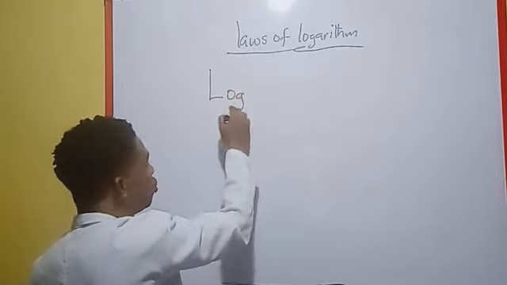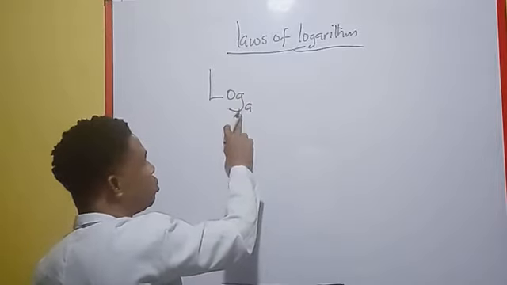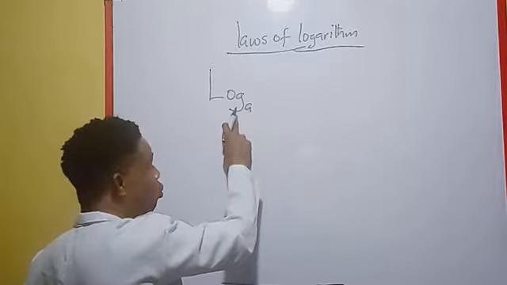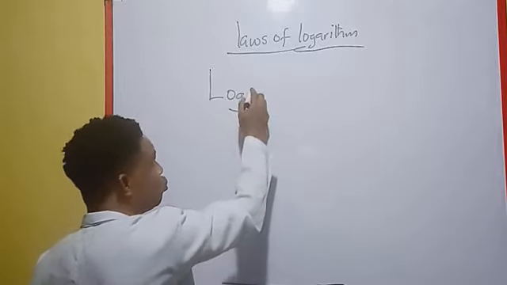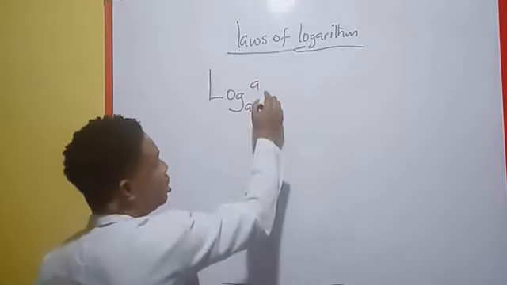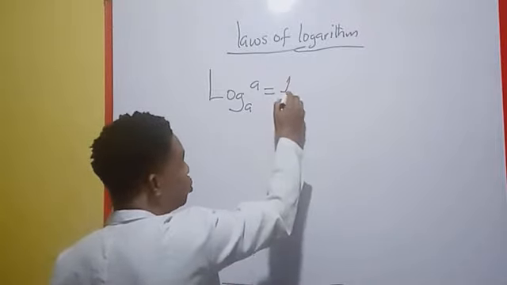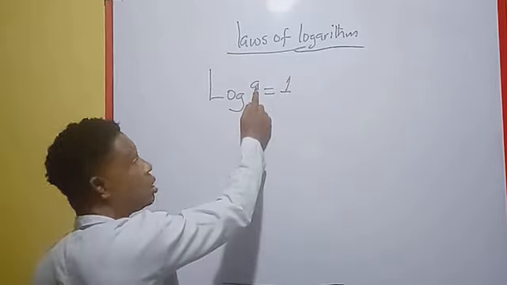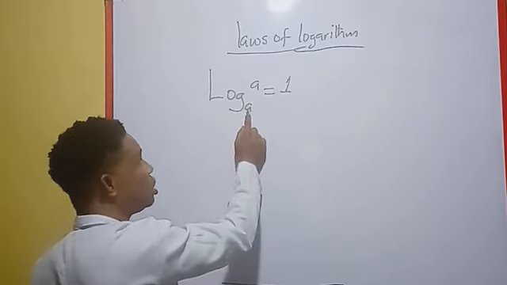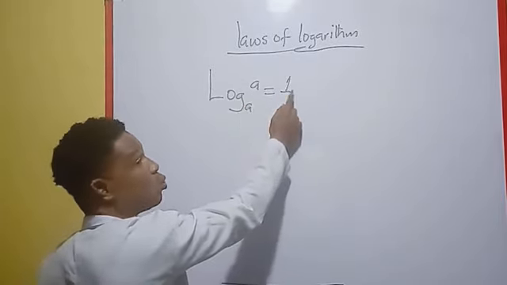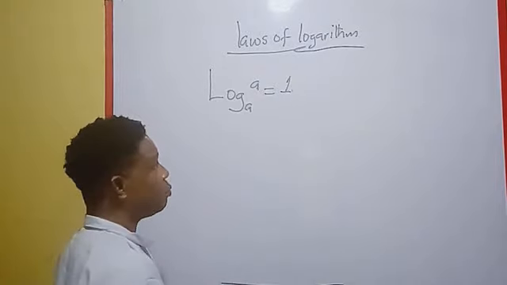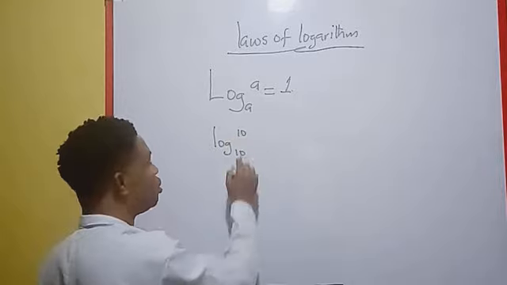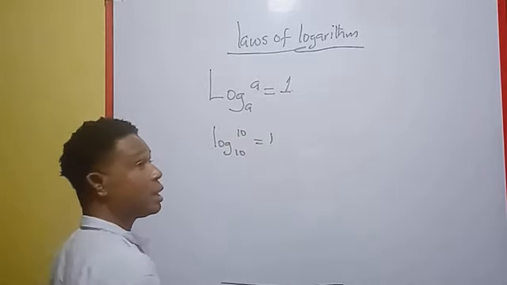If I have log to base A raised to power A, it is equal to 1 according to the law of logarithm. This is the base, this is the power. The log to base A raised to power A is equal to 1. For example, anytime you have log 10 raised to power 10, you know that is equal to 1.